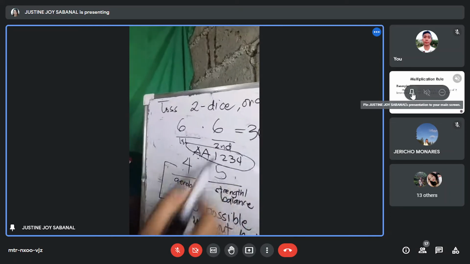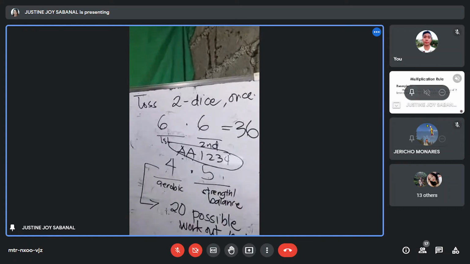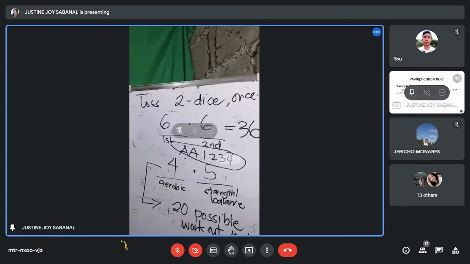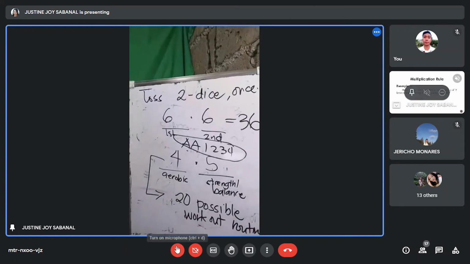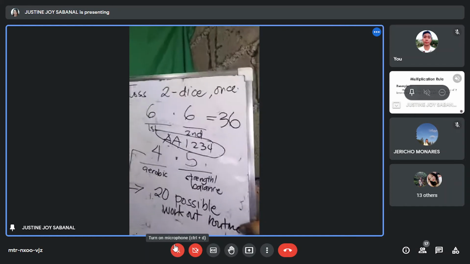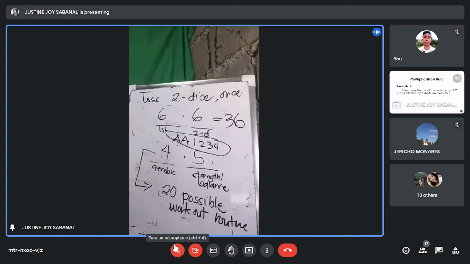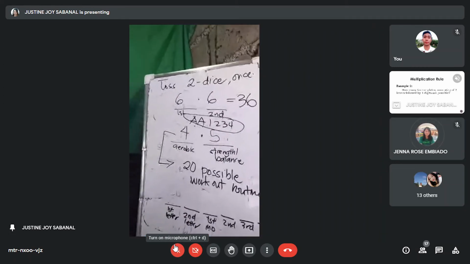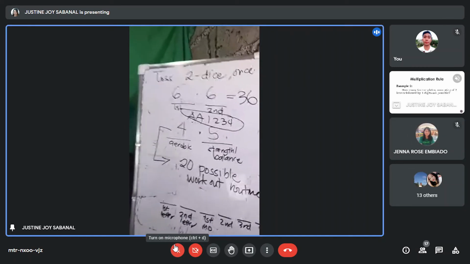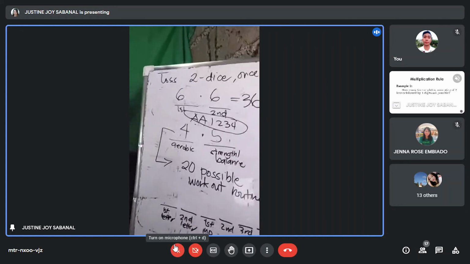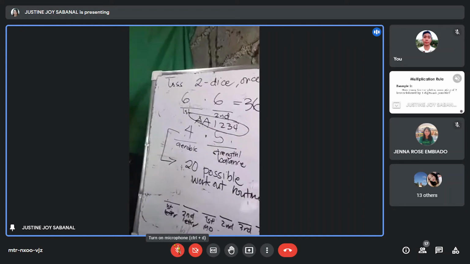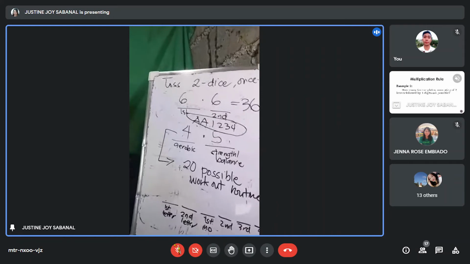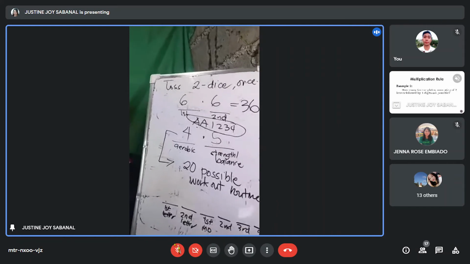Pwede ba yung ganito? Opo. Okay. Thank you. So, may mga possibilities naman na nauulit yung mga letters, nauulit din yung mga numbers. So, dito wala tayong restriction. So, pwedeng maulit yung mga letters, pwede rin maulit yung mga numbers.